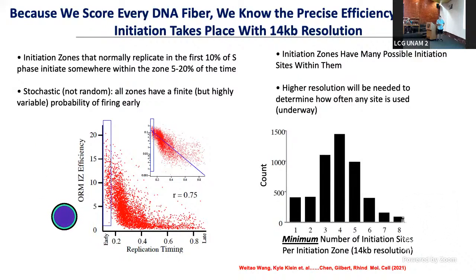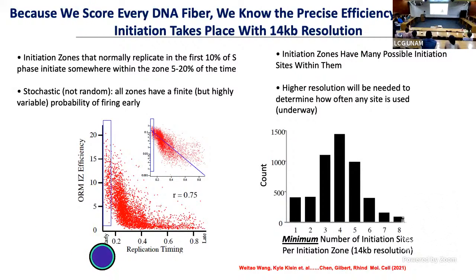That is literally the percentage of times that they were fired, right? Percentage of time that they were used as an initiation. And you can see that the very, very earliest regions fire between 5 and 20, and this 20% is an outlier. You can see it's way up here. So fire mostly between 5 and 15% of the time, okay? But it's not random. They all have a different probability of firing.